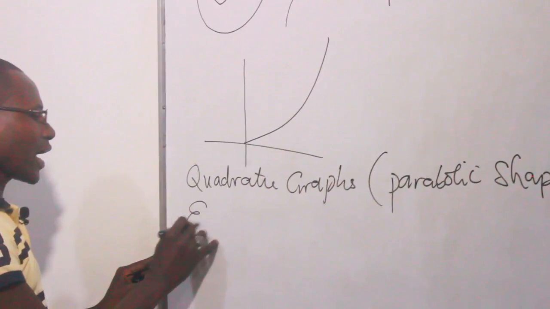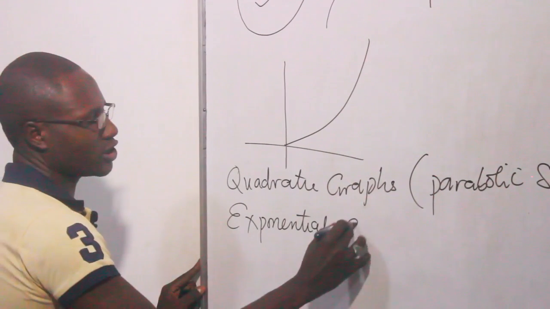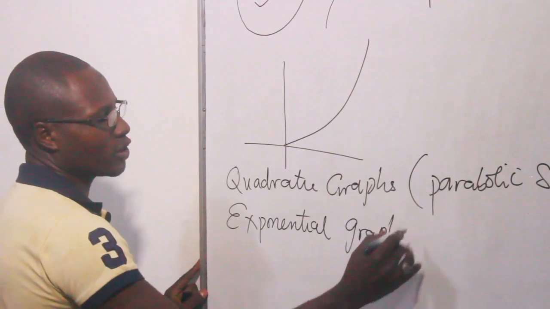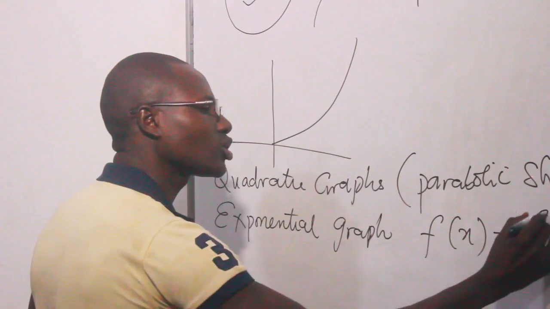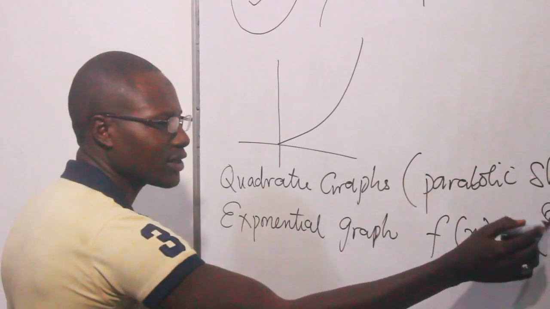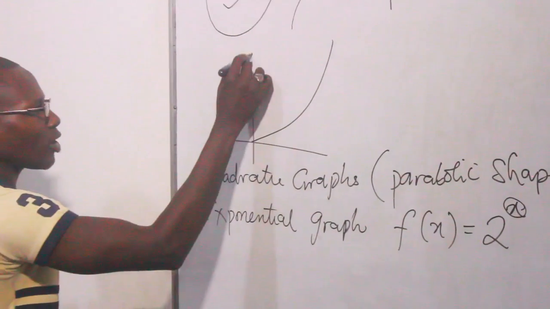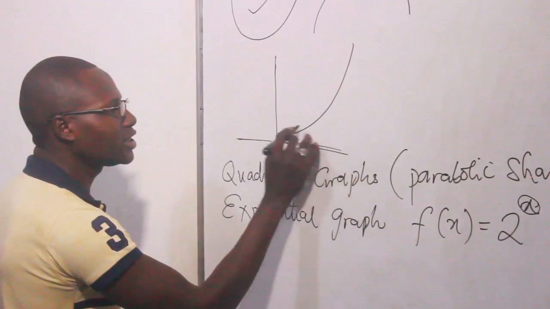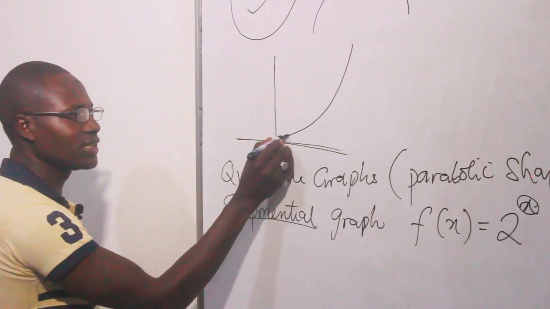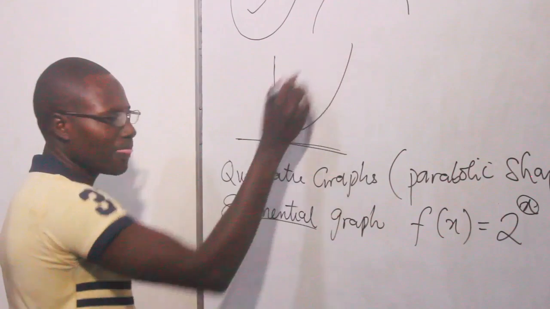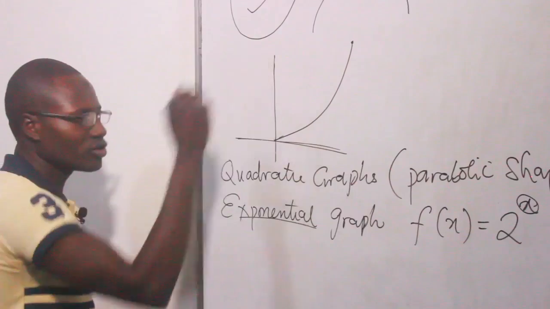However, we have an exponential graph which has the function f of x equals 2 to the power of x, where x is a variable. This type of graph simply denotes an exponential graph. That is, it increases exponentially from 0 to some certain predetermined values.